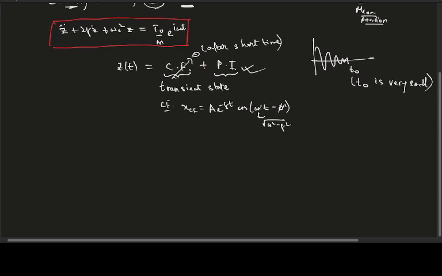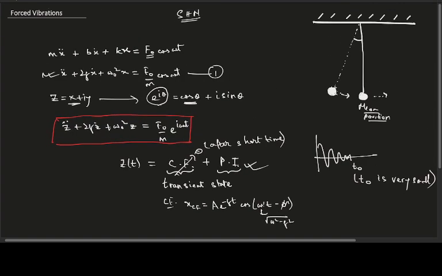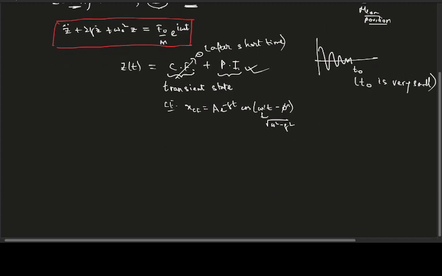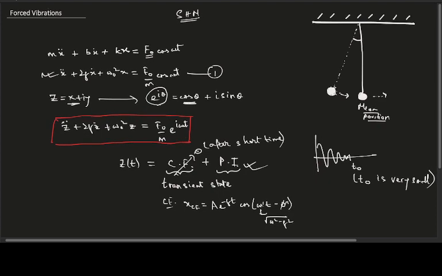Now this particular integral part is known as the steady state. So in steady state, our exciting force, which is basically our external force, the force that excites our bob in this case, is harmonic. We had already said that we are considering this external force as harmonic.